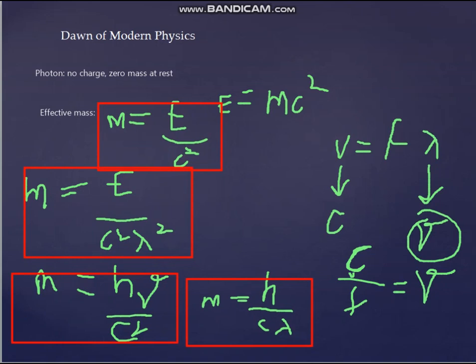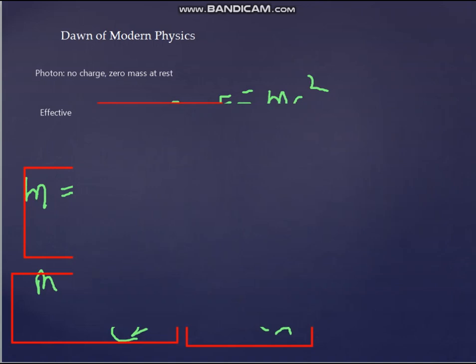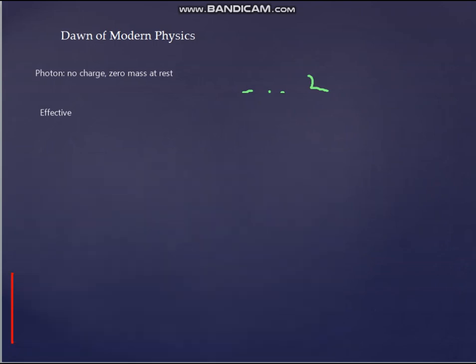And now let's move on to the momentum. As I have discussed earlier, they do have a momentum since they do have an effective mass. So let's see what their momentum will be. Okay, let me just erase everything.